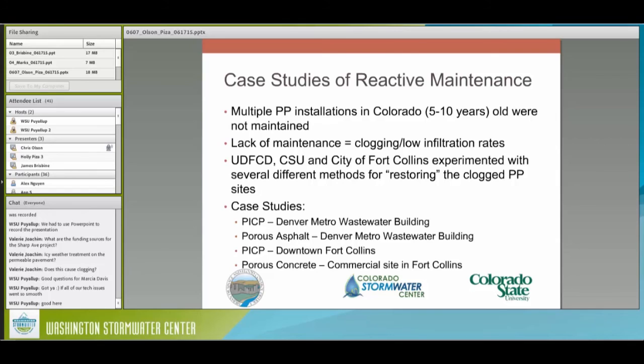So some of the case studies I'm going to go over are highlighted here in this slide. Most of these are somewhere between 5 and 10 years old, had very little or no periodic maintenance prior to us determining that they were clogged and needed what we call reactive maintenance. Like I said, these three organizations listed here have been working together, and most of these findings that I'm going to talk about today we've really just experienced within the last year or two.